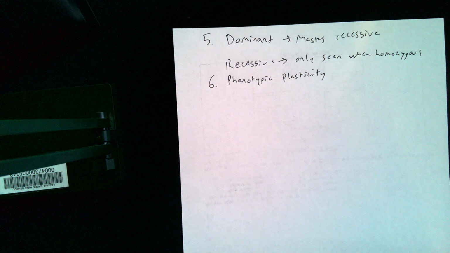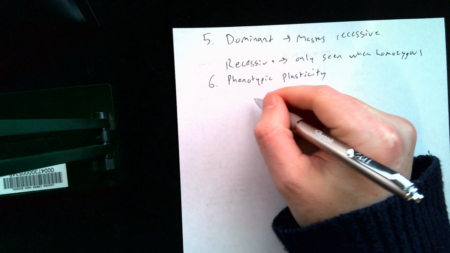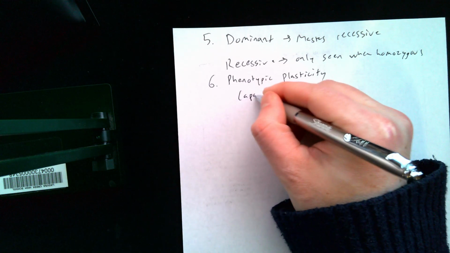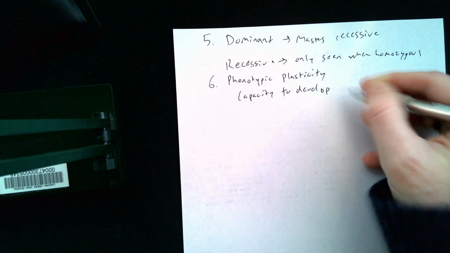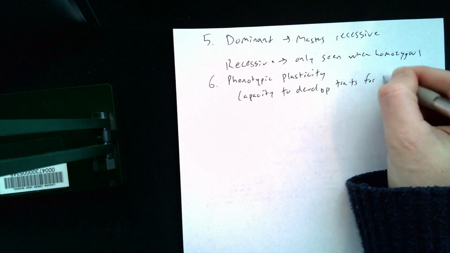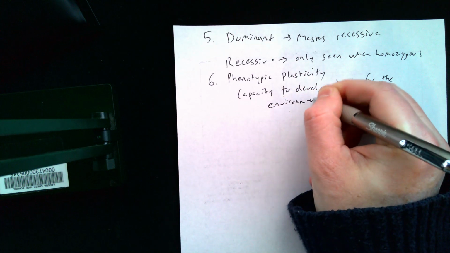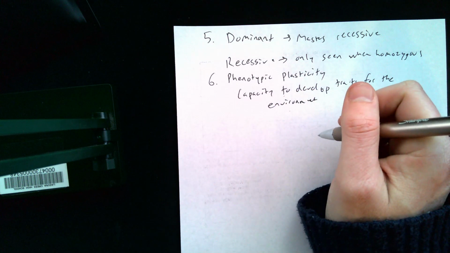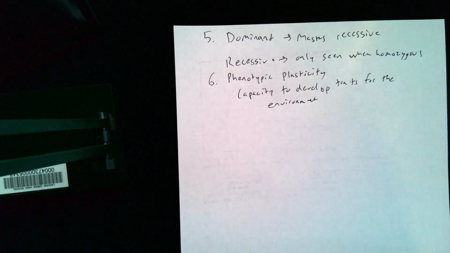What is phenotypic plasticity? This is the capacity to develop traits for the environment. Now notice, this is not heritable. Okay, well, phenotypic plasticity is heritable, but the changes aren't necessarily heritable, right?